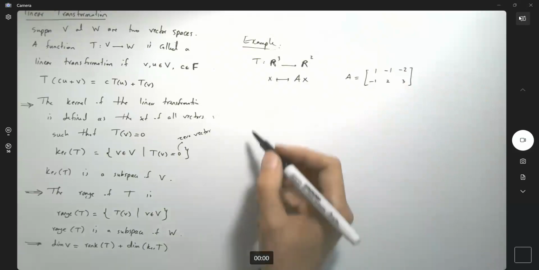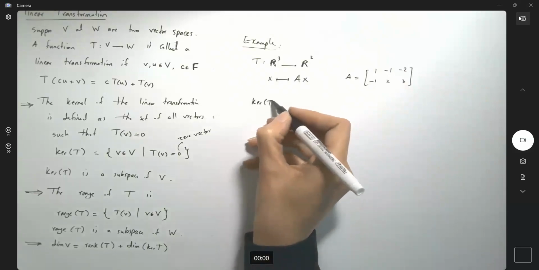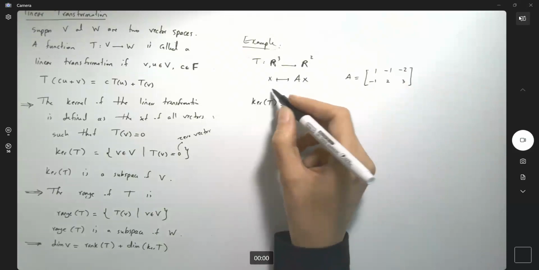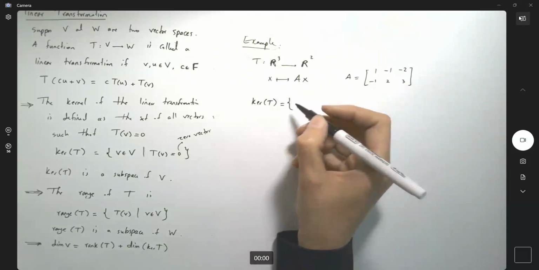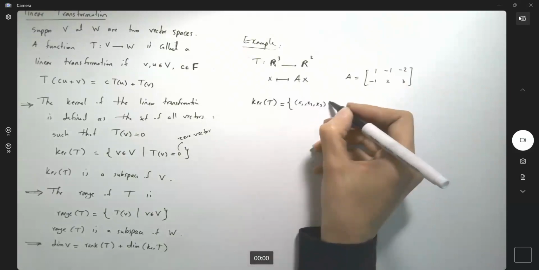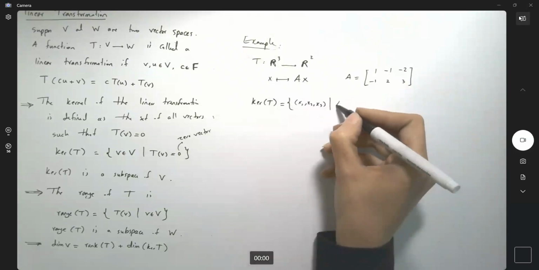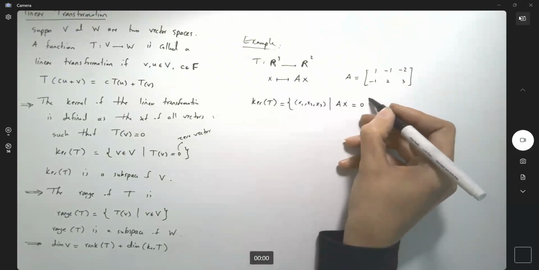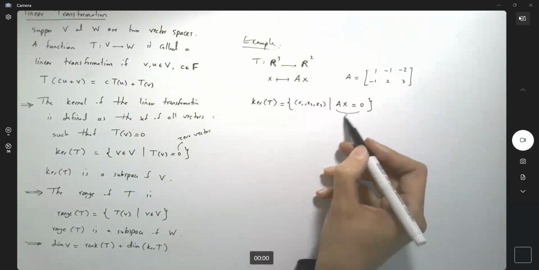What is the kernel? The kernel of T is all vectors x, which you can write as x1, x2, x3, such that Ax is equal to 0. So we are basically solving this.